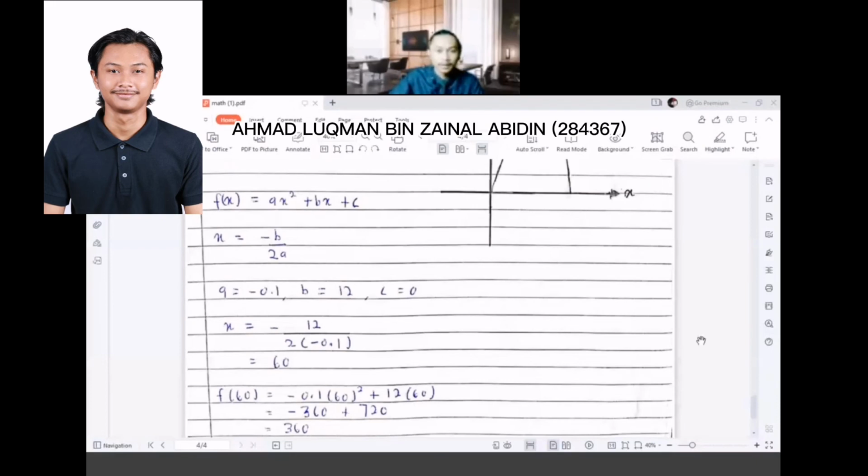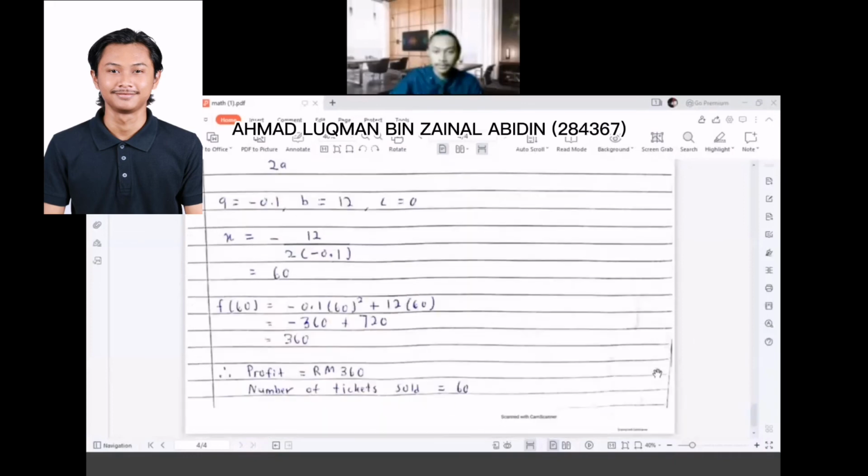Alright, in this case we have a equals negative 0.1, b equals 12 and c equals 0. Using the formula, negative b over 2a equals negative 12 over 2 multiplied by negative 0.1, and we get 60. We have found that the x coordinate of the vertex is 60. For the y coordinate of the vertex, we substitute the x value, which is 60, into the function.